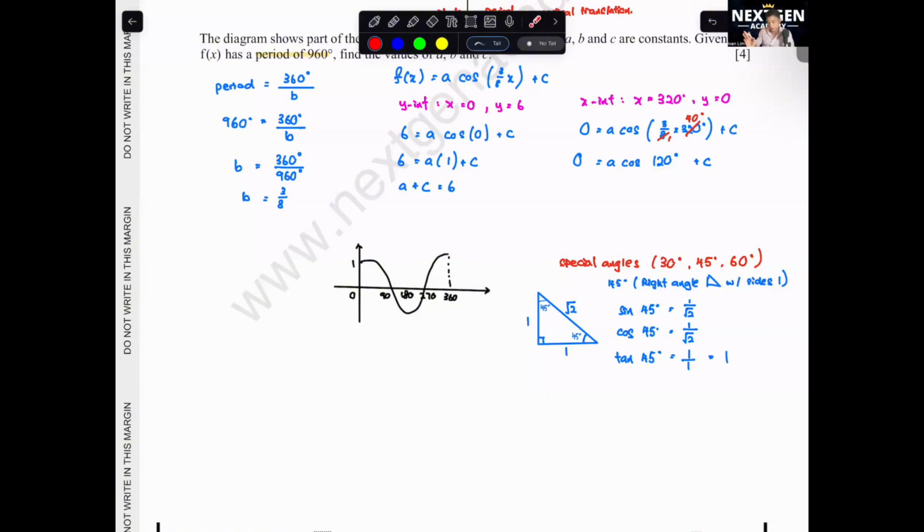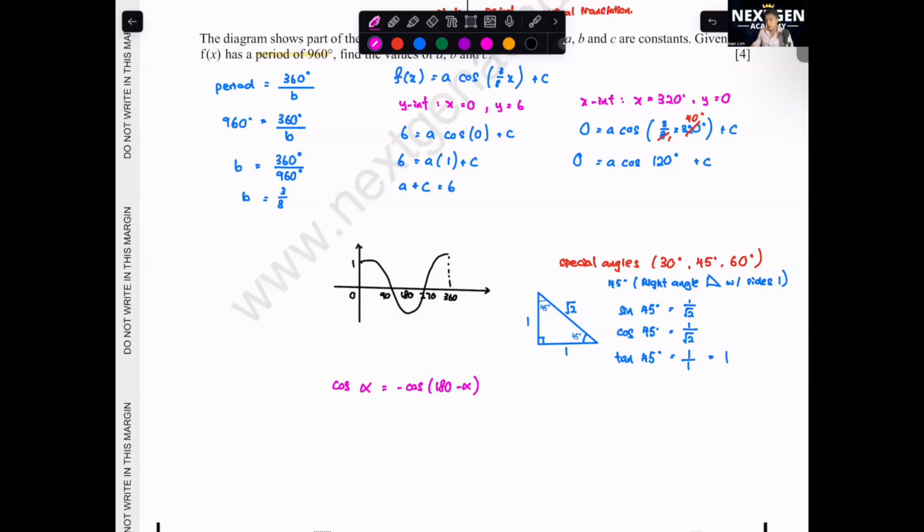I know it sounds confusing, so I write down the formula for you. Cos alpha equals negative cos of 180 minus alpha. This one, I can guarantee you, is in your textbook. It's just that a lot of students will skip this part.